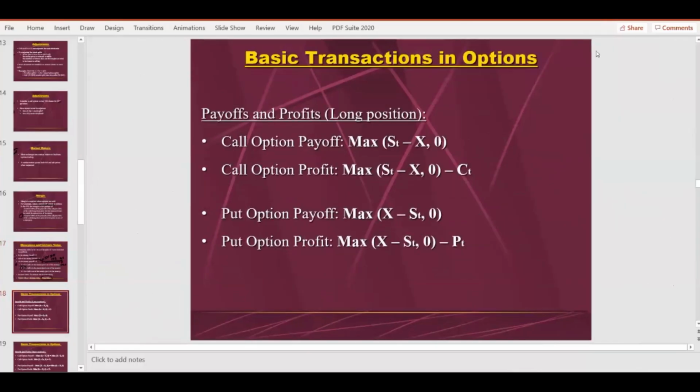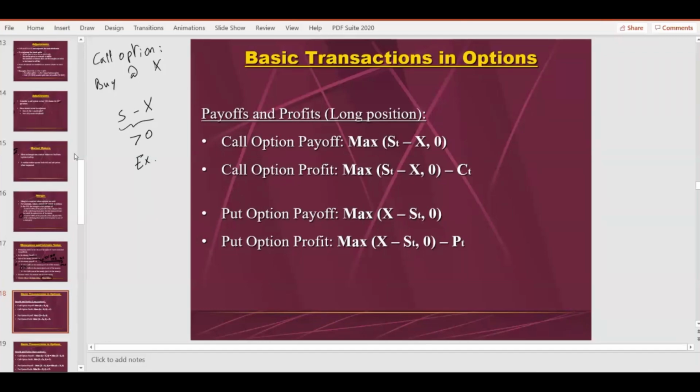Now, what are the payoffs and profits of long positions in options, whether it's a call or a put option? For a call option, this is the right to buy at X. It means that we will pay X and sell at the market price S. So now, if S minus X is greater than 0, we will exercise.